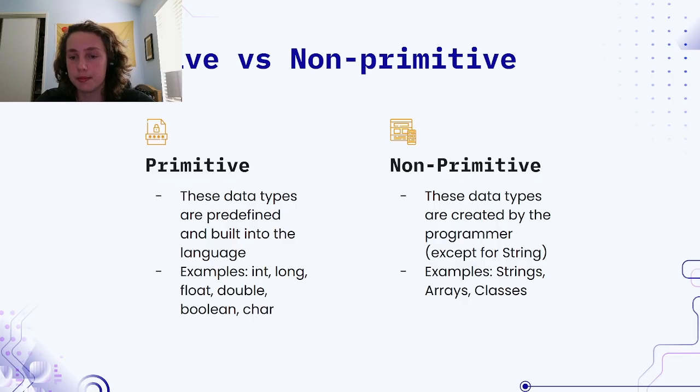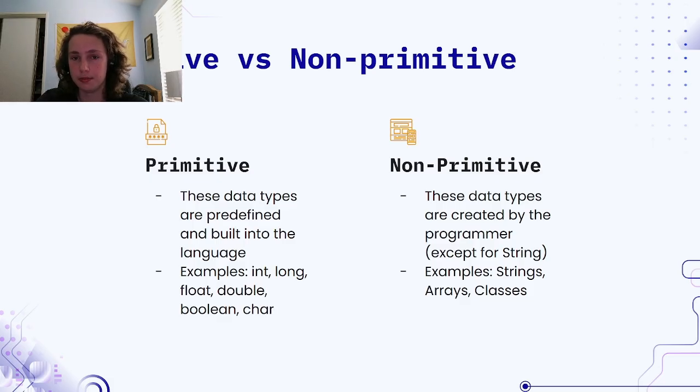These are created by the programmer, or they're imported directly through import statements by getting libraries, by grabbing somebody else's code, something like that. Except for String, which is built into the language but is still a non-primitive data type. And these are objects, for lack of a better word. They store more data than primitive data types.